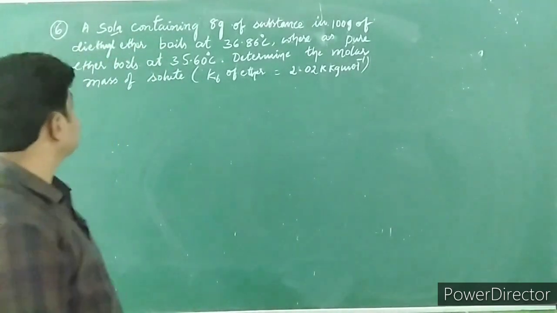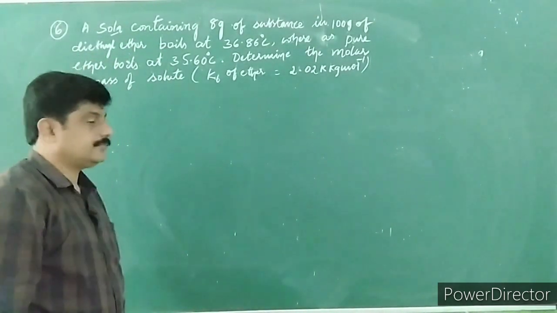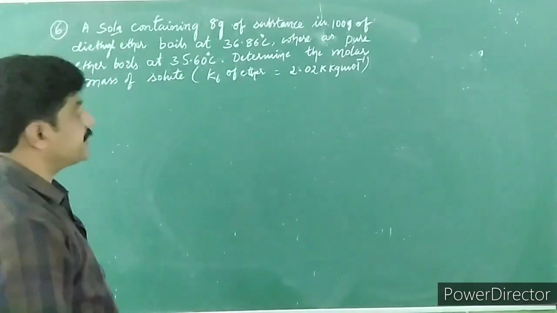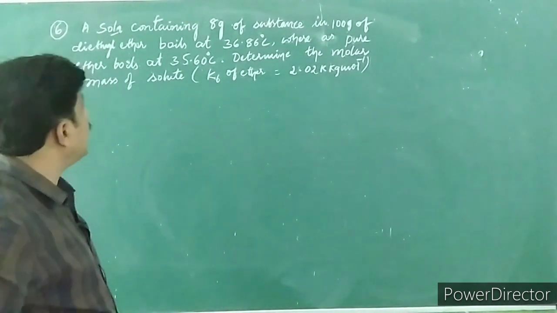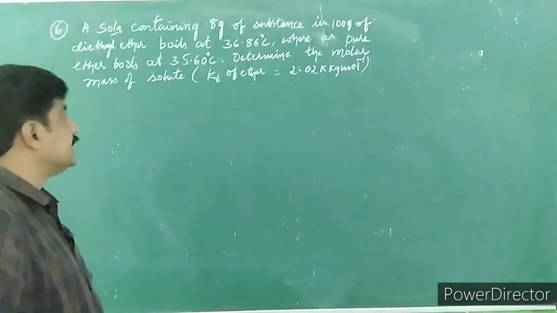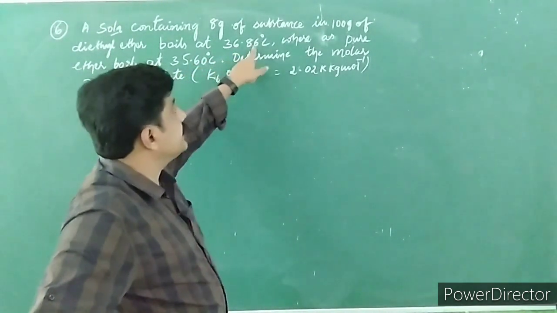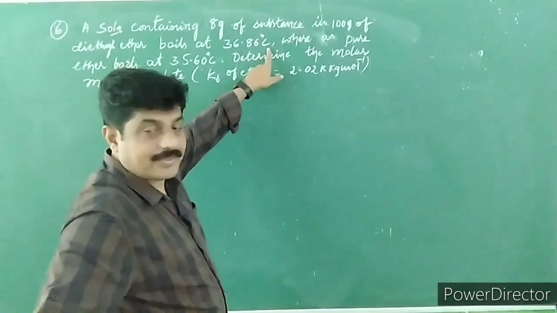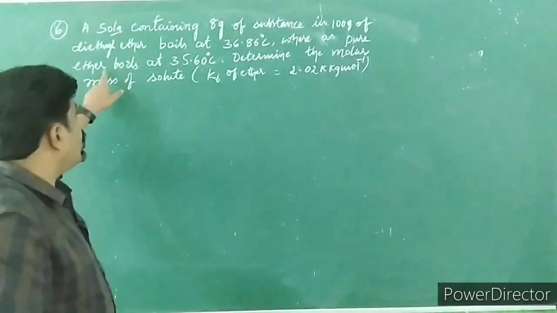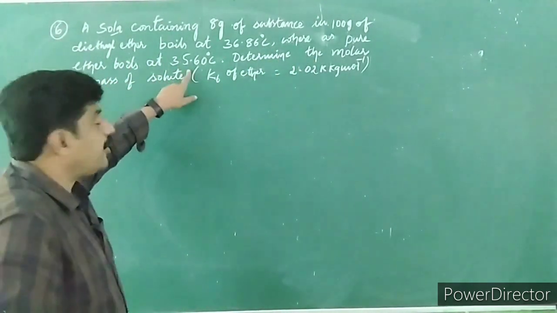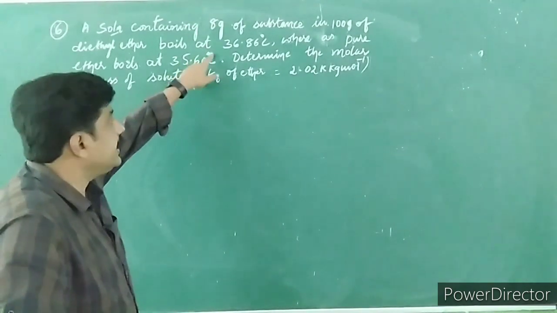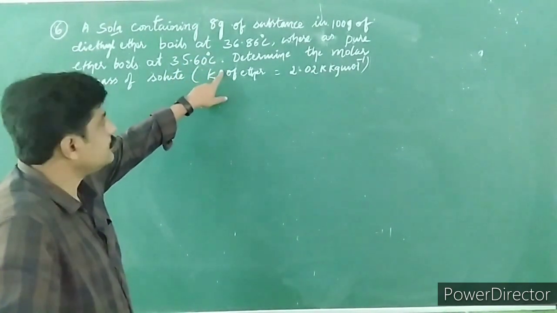Sixth numerical. A solution containing 8 grams of substance in 100 grams of diethyl ether boils at 36.86 degrees Celsius, whereas pure ether boils at 35.60 degrees Celsius.